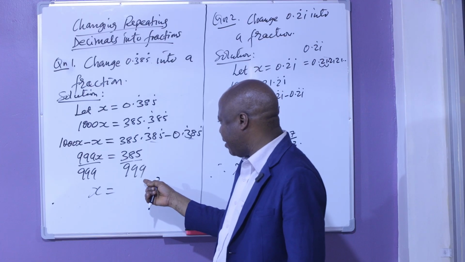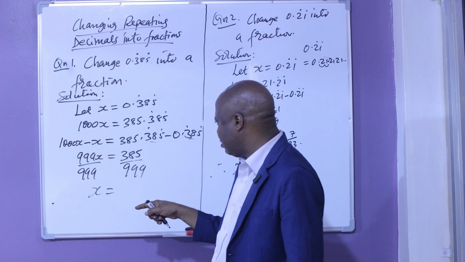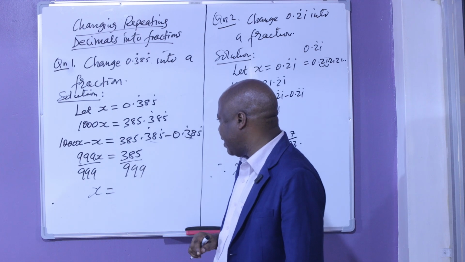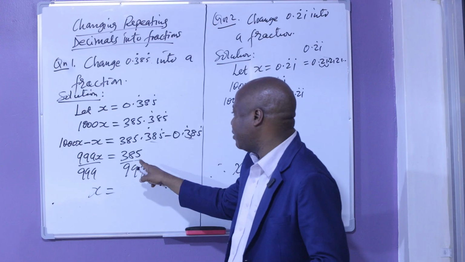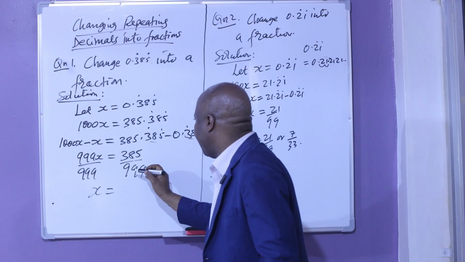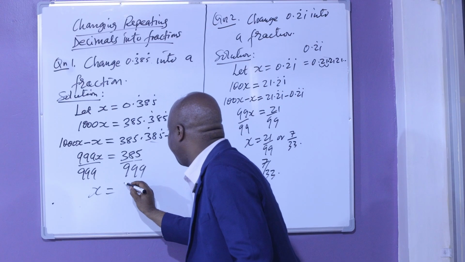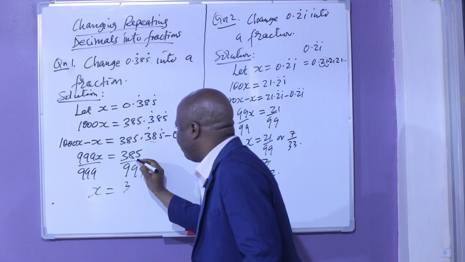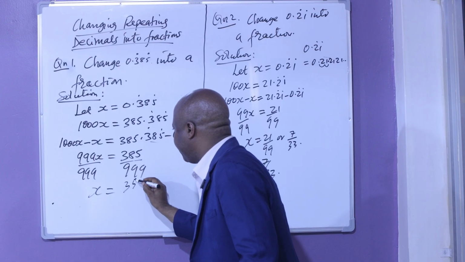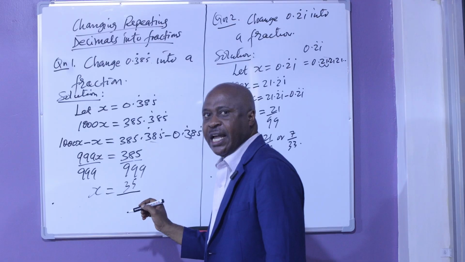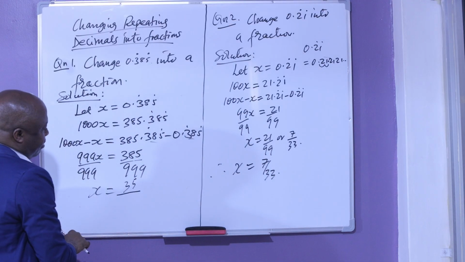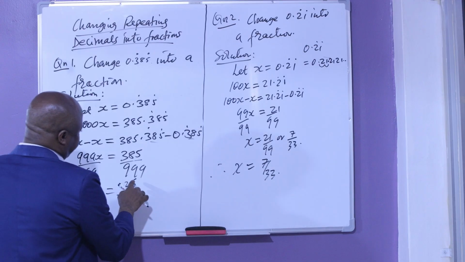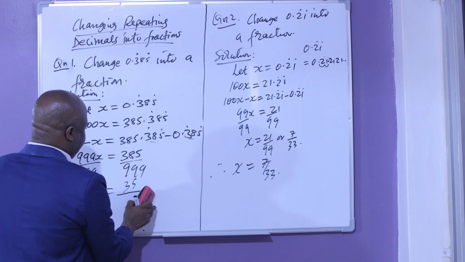If I take 11, which is a factor of this, 11 times 3 will be 33, then 55, it agrees. We can simplify by 11. 33 divided by 11 is 3, 55 divided by 11 is 5. And then 999 divided by 11 is 9, but the other won't agree.